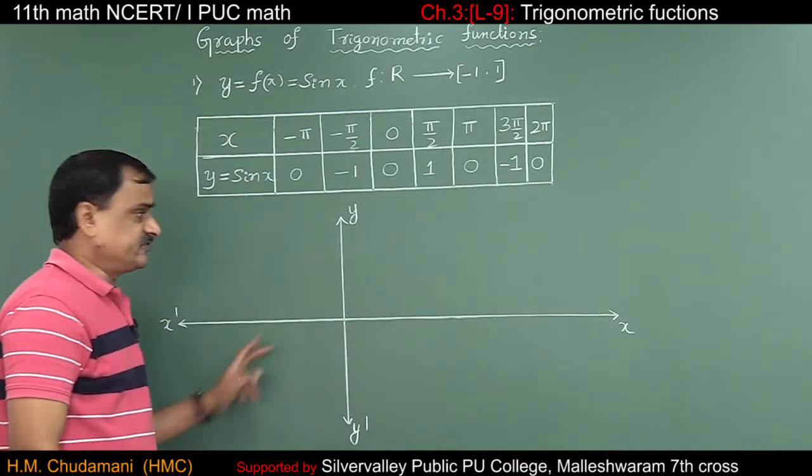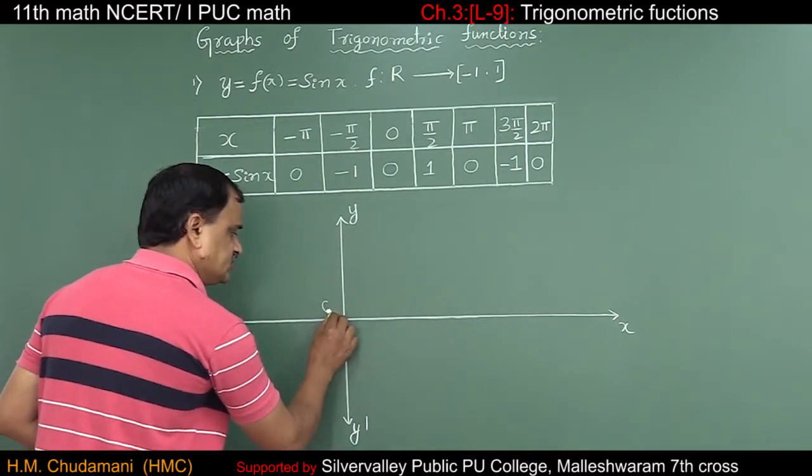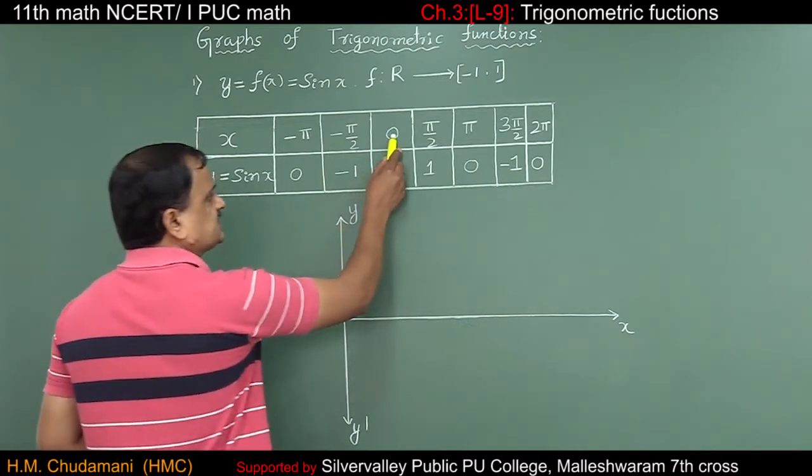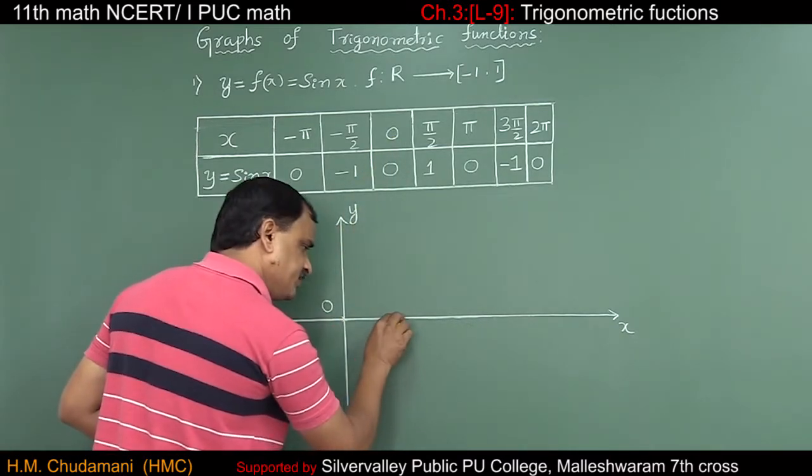X-axis, negative x-axis, y-axis and the negative y-axis. This is the origin 0. When x is 0, y is also 0. This is pi by 2.